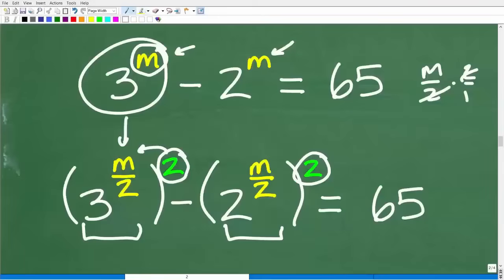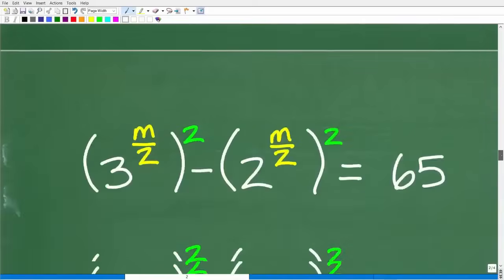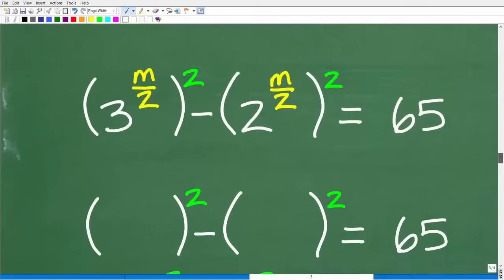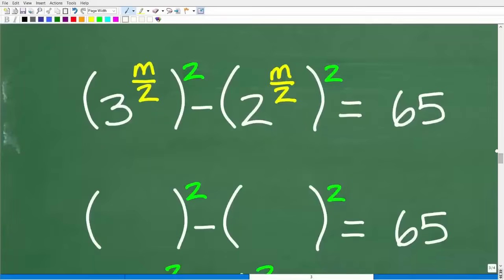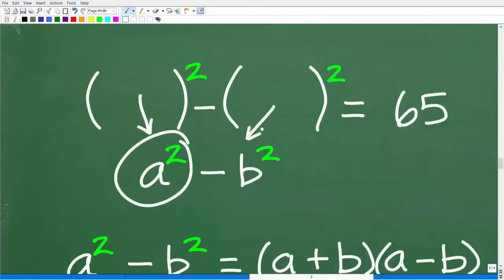Now I'm going to give you another hint. There's a pattern going on here. We have something squared minus something else squared. What could this be? Well, I'm going to use first year algebra here. Something squared minus something else squared. We're talking about the difference of two squares, right? We could just use a variable like a for something, and a variable like b for something else.